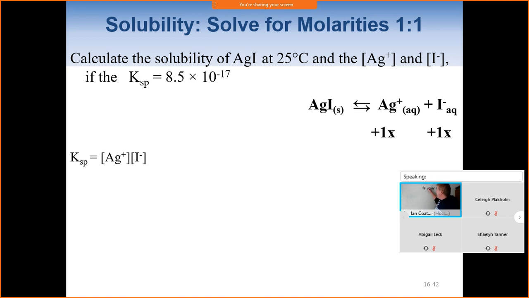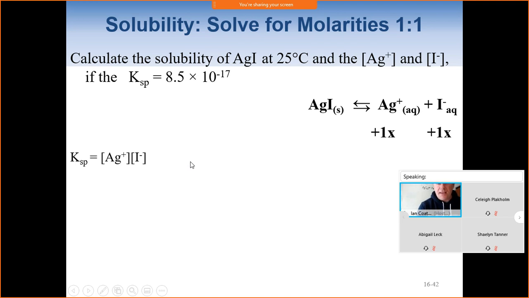These are my products, and these are my reactants, but my reactant is a solid. So for KSP, you never have a bottom of the equation. That silver iodide, it's a solid. It's not included in the equation. It's not on the bottom. So this is your KSP formula here.